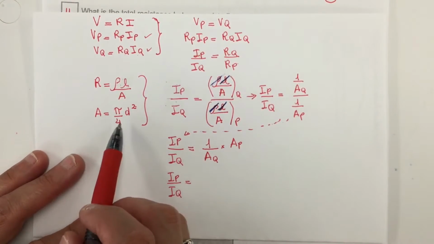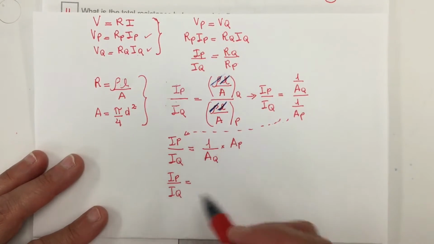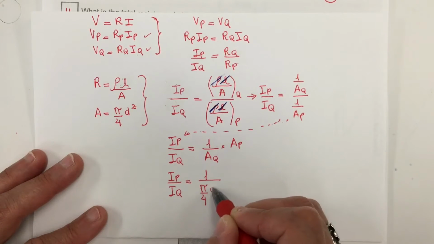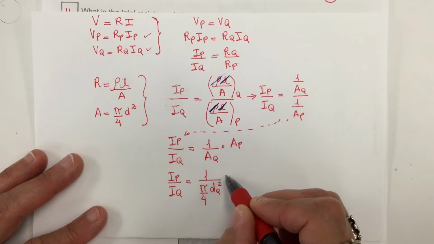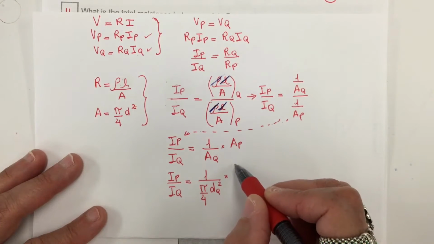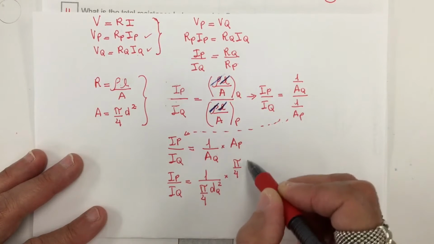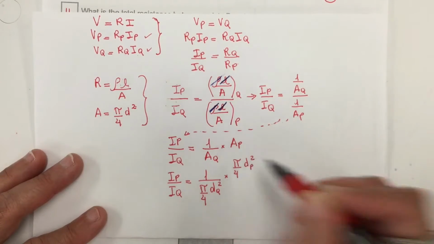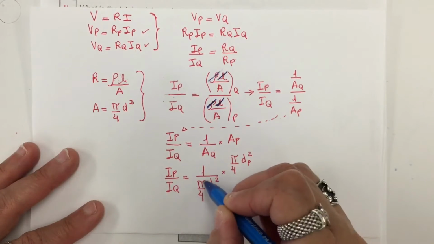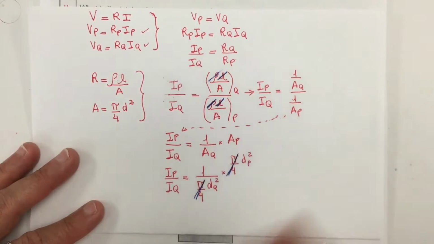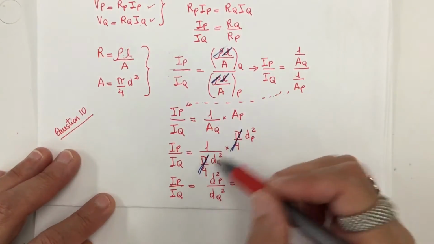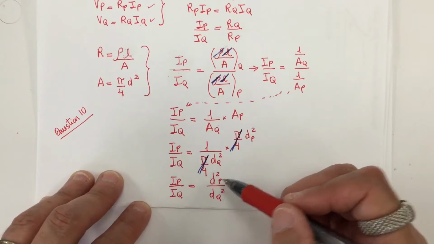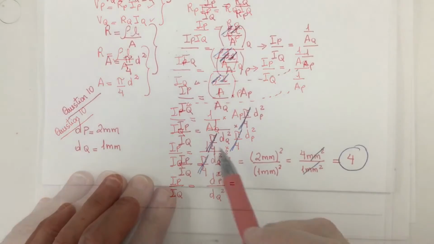Now I'm going to make the substitution: 1 over pi over 4 dQ squared times this one, pi over 4 dP squared. Now we can eliminate this with this.